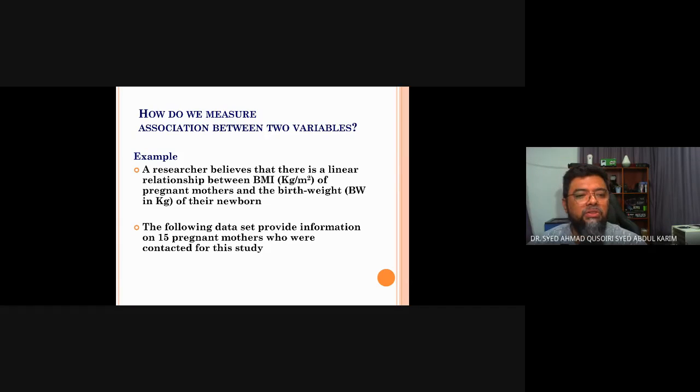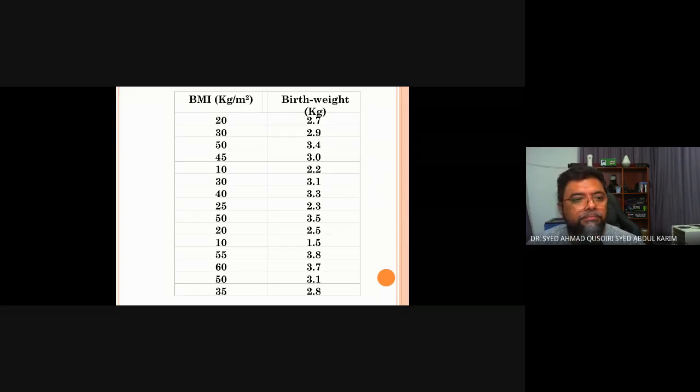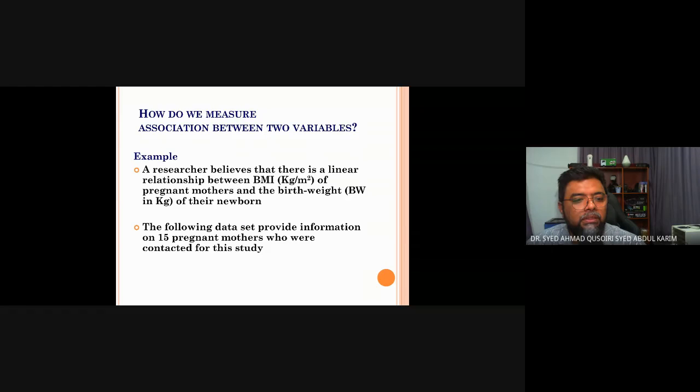So how do we measure association between those two variables? The example has been given there. This is referring to the previous scatter plot. The first is the BMI of pregnant mothers, and the second is the birth weight of their newborns. So what is the relationship between the BMI of mothers and the birth weight of their babies?